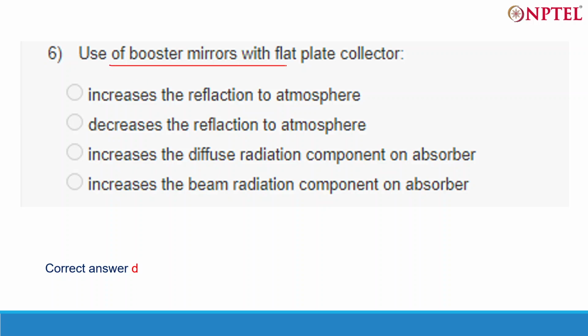Use a booster mirror with a flat plate collector. Basically, what a booster does is increase the beam radiation component on the absorber. There are two components, beam plus diffuse radiation. Beam radiation falls directly in the perpendicular direction, but diffuse radiation comes from all other directions.